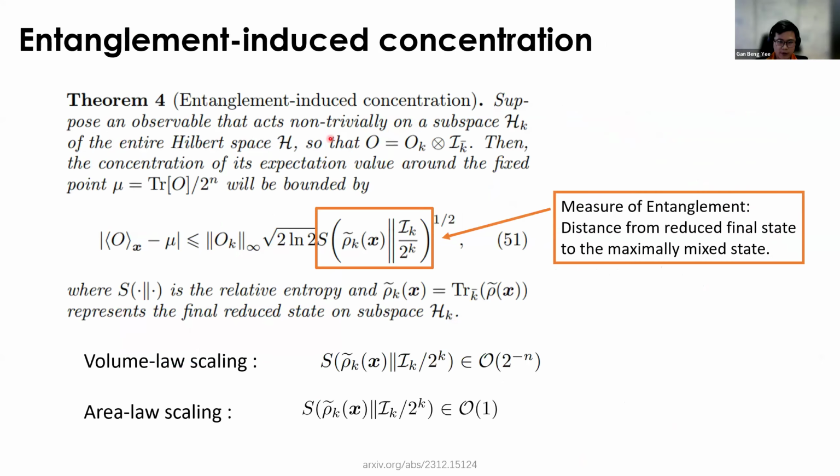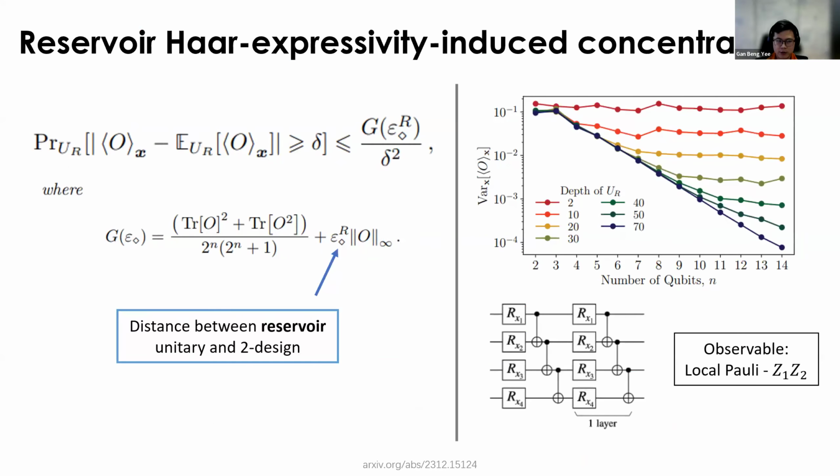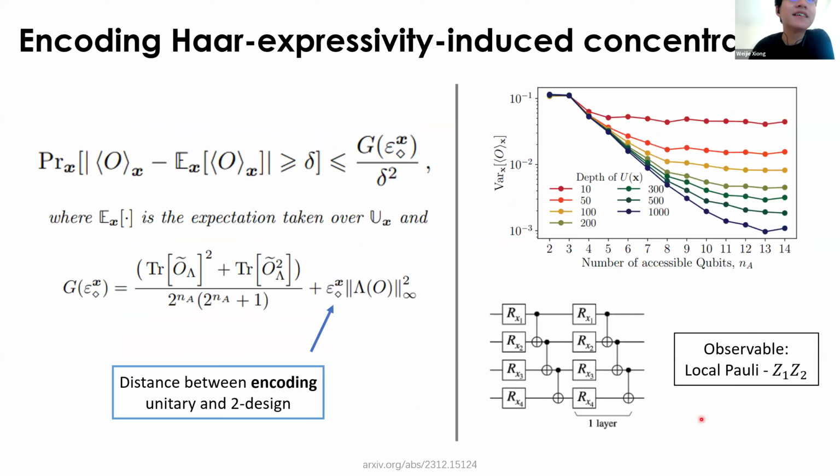Sorry, for the previous one, what reservoir do you use? Sorry? For this encoding expressivity induced concentration, what reservoir do you use? I think in this case, sorry, I forgot for a moment.